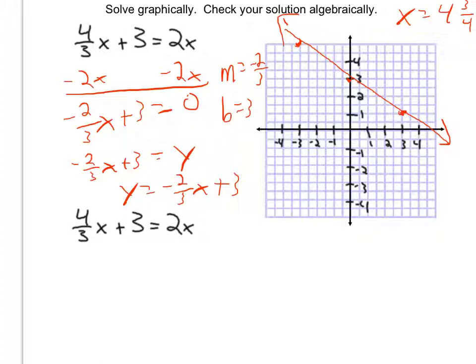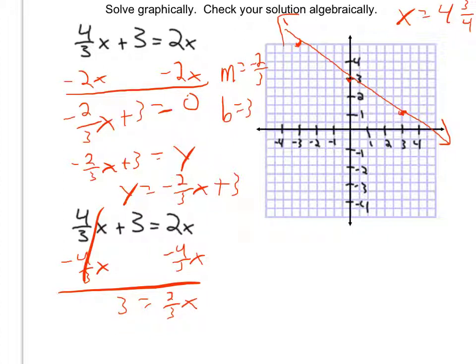So we'll solve algebraically. Remember, when we solve algebraically, we want to get our x's all on one side. So to do this, I'm going to take negative 4/3 away from each side. And these cancel, and leaves me with 3 equals, and 2 minus 1 1/3 is 2/3.